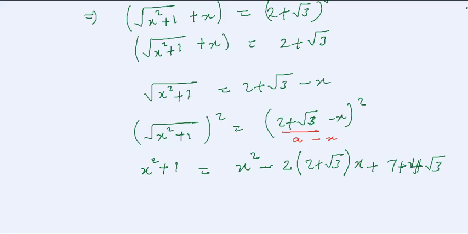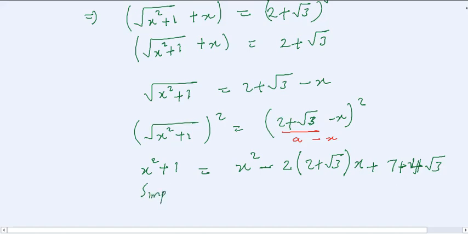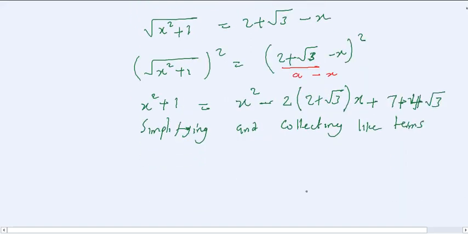So let's continue with that. I will have now, let us simplify and collect like terms. You will see that x squared will cancel x squared. Simplifying and collecting like terms, this is what we are going to have.